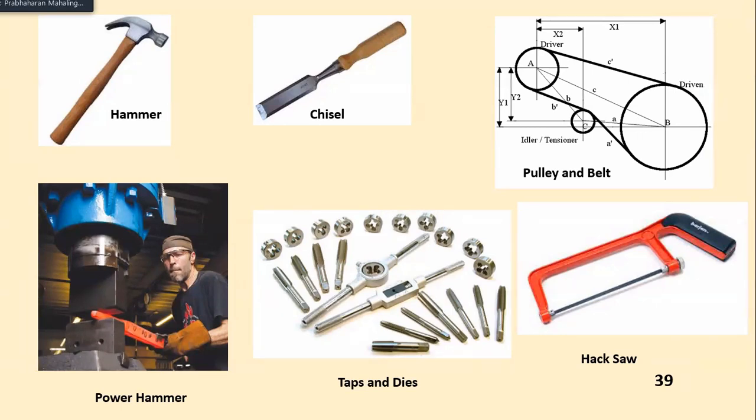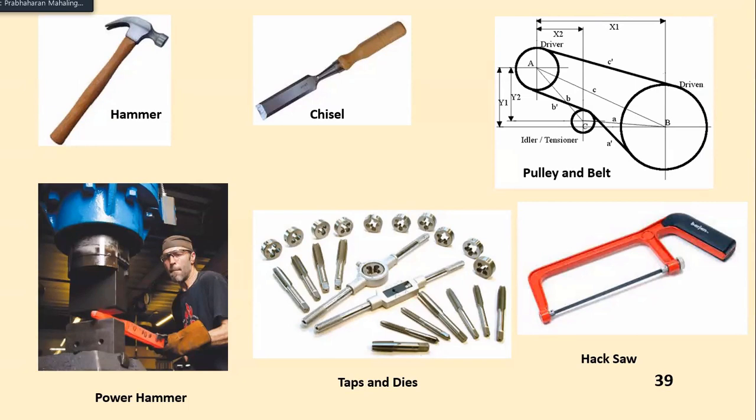Power hammer. Power hammer is very dangerous because we can have a systematic shape of the same type of material. For example, for making this minor screwdriver, we give a certain force to the tip of the screwdriver.